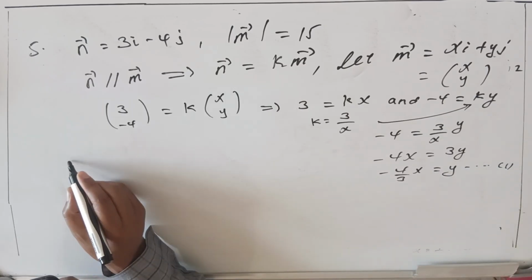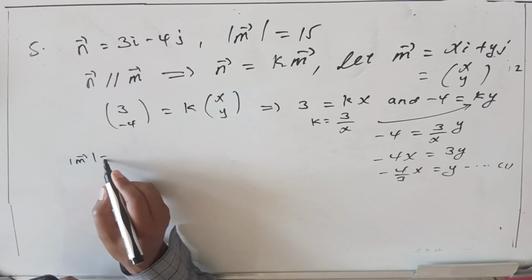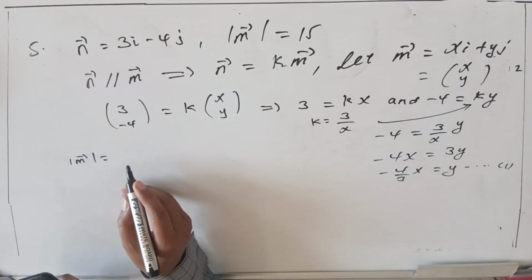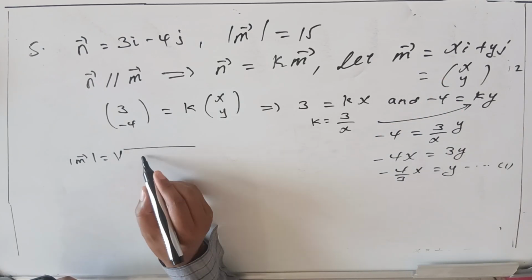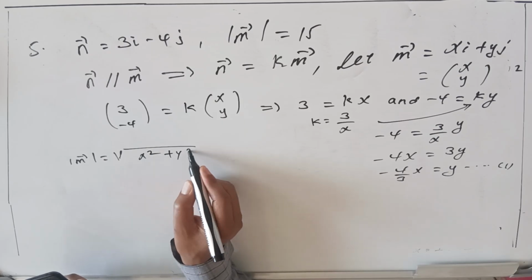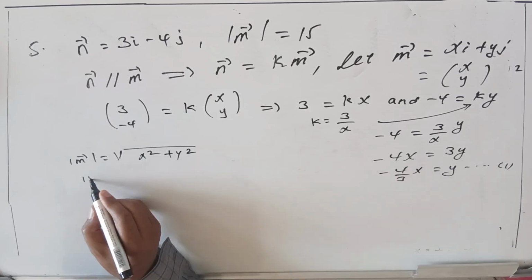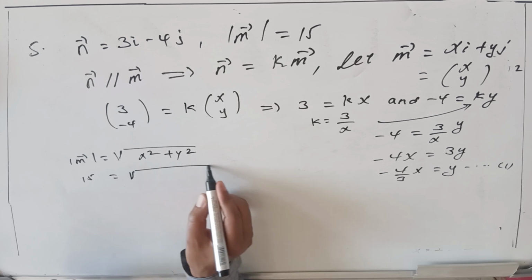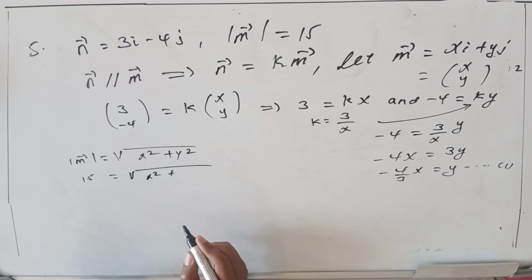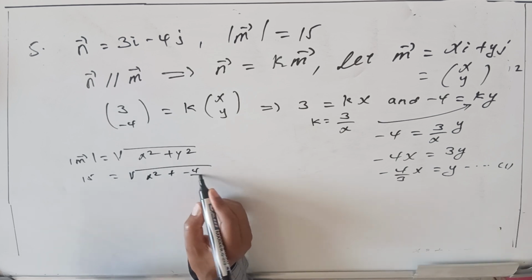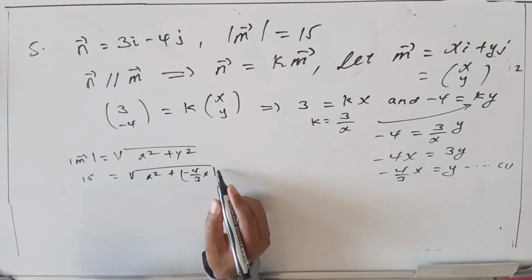And the magnitude of vector m, since it is xi plus yj, is equal to square root of x square plus y square. That is 15 units, which is equal to square root of x square plus y, which is minus 4 over 3 x, the whole square.